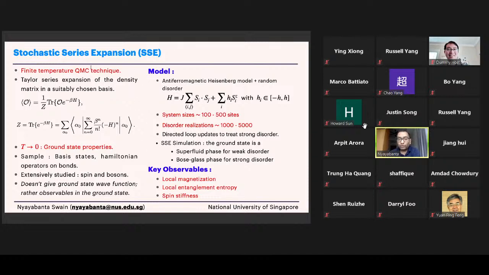With our approach, we can really go to very large system sizes, and we can also do large disorder averages for detailed sampling. Some of the key observables we measure also give definitive signatures of localized and delocalized behavior.